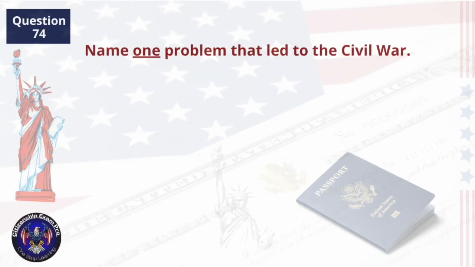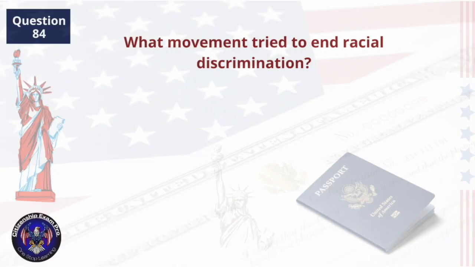Name one problem that led to the Civil War. Slavery. What movement tried to end racial discrimination? Civil rights movement.